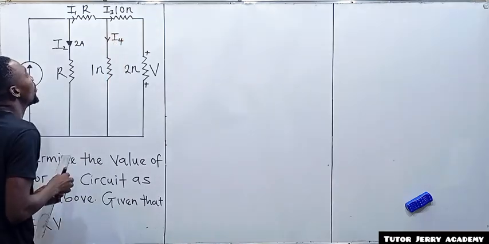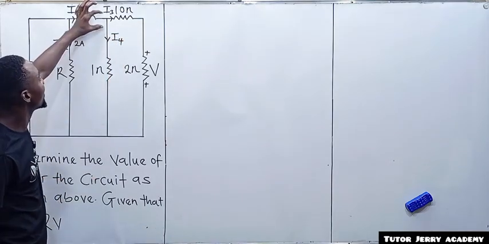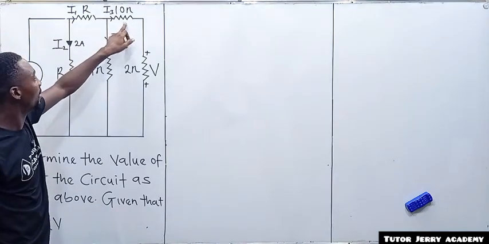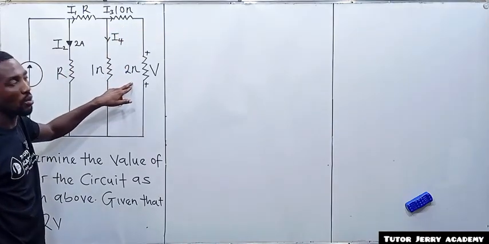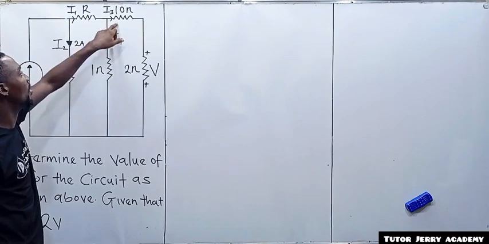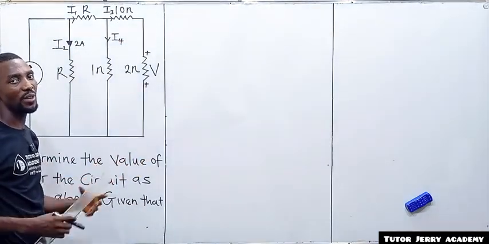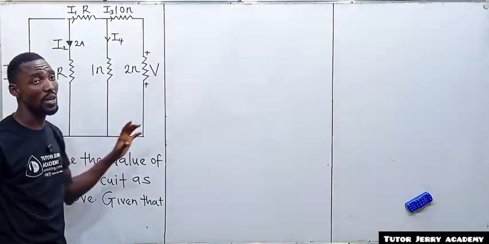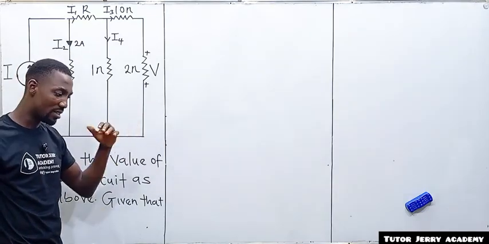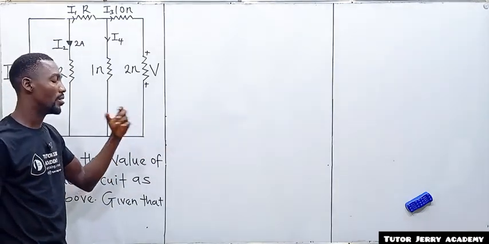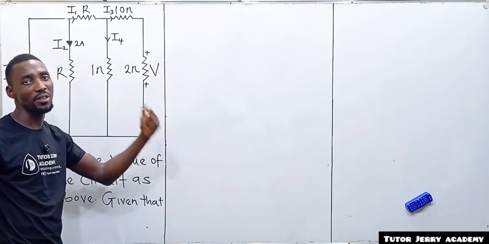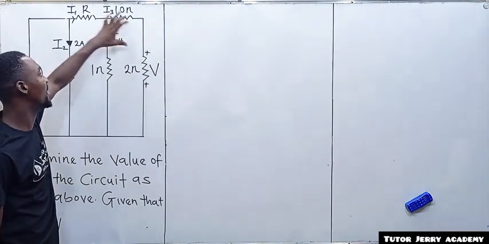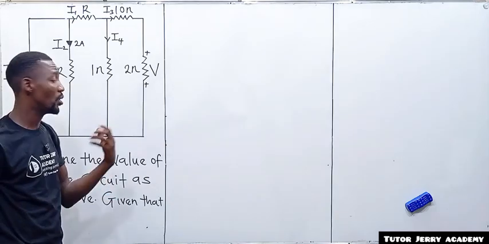Now if you look at this critically, you know that this I3, when it's coming, is going to pass through this 10 ohms, and it's also going to pass through these 2 ohms, because these 2 ohms and these 10 ohms are in series. And don't forget, from our introduction class, when we derived current divider rule and voltage divider rule, and talked about series and parallel connection of resistors, I told us that when resistors are in series, the same current will flow through them.